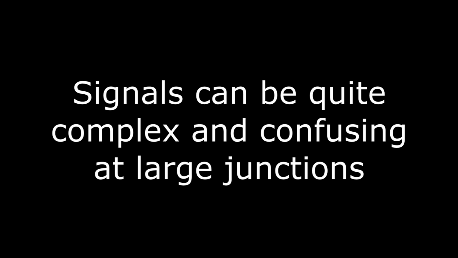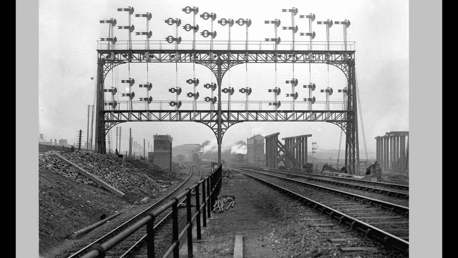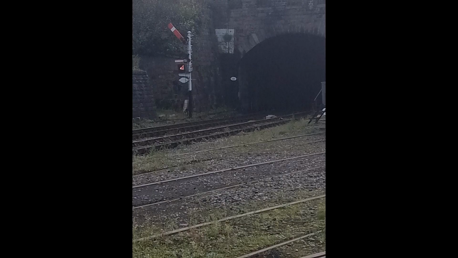We can also provide route indicators. So this can be letters or numbers that indicate what route has been set for the train. So here you can see that the main signal has been pulled off and there's a number 4. This indicates that the train is going to be signalled into platform 4. If the train was going into platform 2, there'd be a number 2.